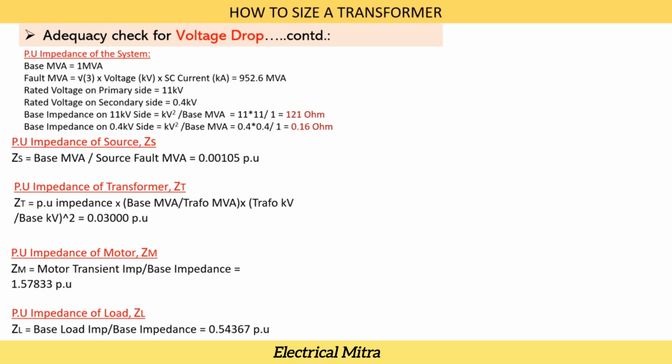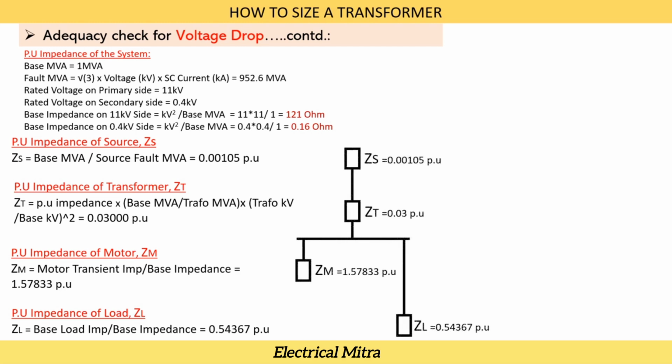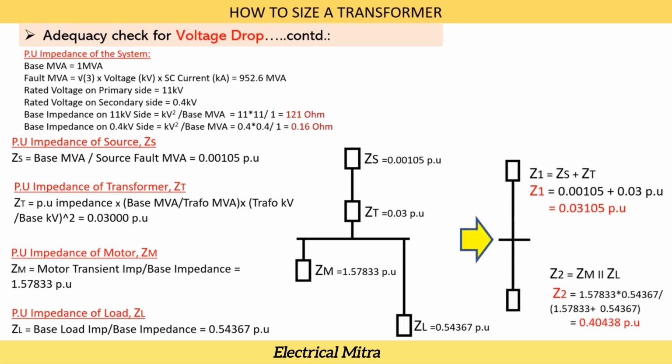Per unit impedance of transformer ZT is equal to 0.03 per unit. Per unit of motor Zm is equal to 1.57833 per unit. And per unit impedance of the load ZL is equal to 0.54367 per unit.